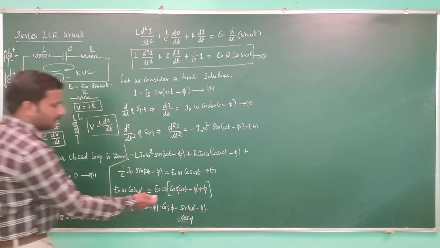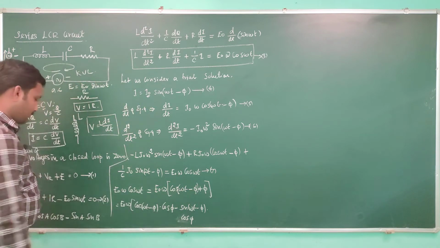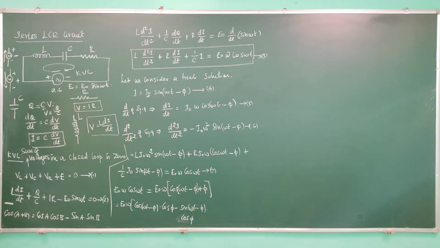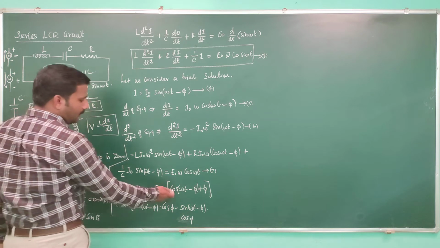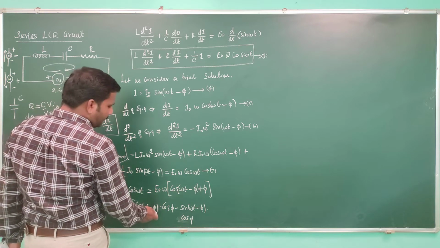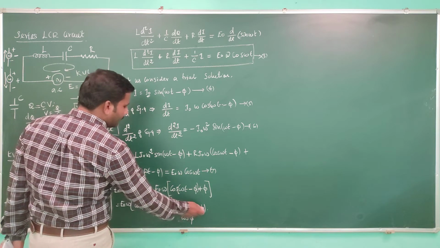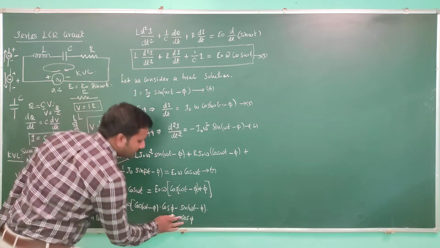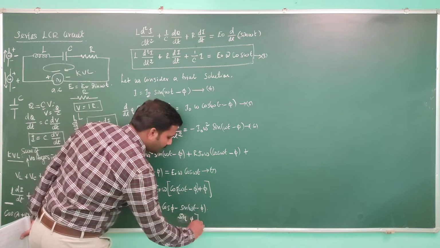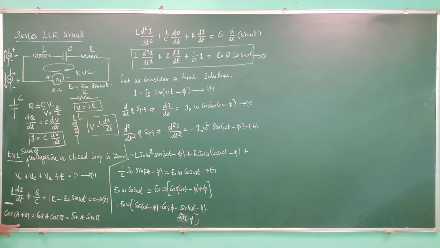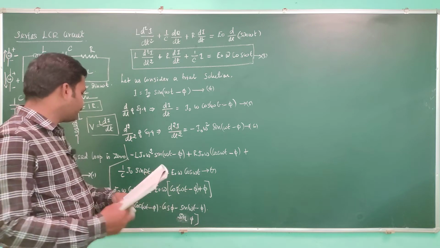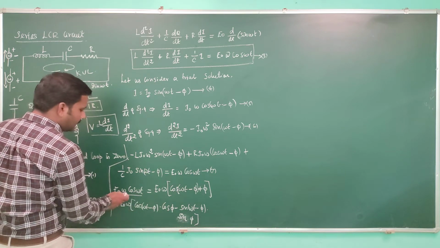That is, the term omega t minus phi is equal to A, and phi is equal to B. So cos of omega t minus phi plus phi becomes cos(omega t minus phi) cos phi minus sin(omega t minus phi) sin phi. It is essentially the expansion of the cos(A plus B) equation, so this is the expansion for the right hand side.